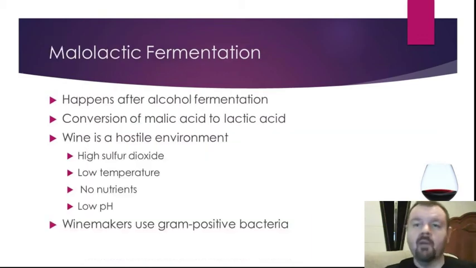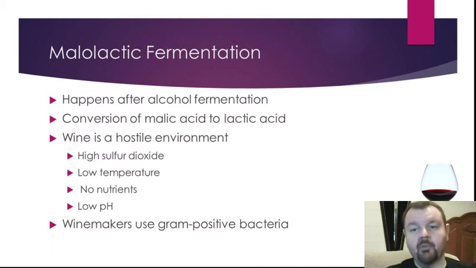I'm not going to talk too much about this, but malolactic fermentation is something that happens after alcohol fermentation. It's actually the conversion of malic acid to lactic acid. It doesn't happen as frequently as you would expect, because once again, wine is a hostile environment, like I talked about earlier. Wine has high sulfur dioxide.